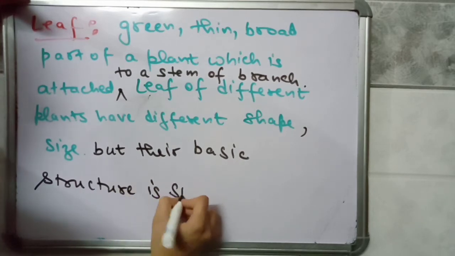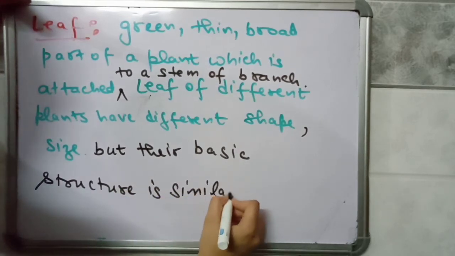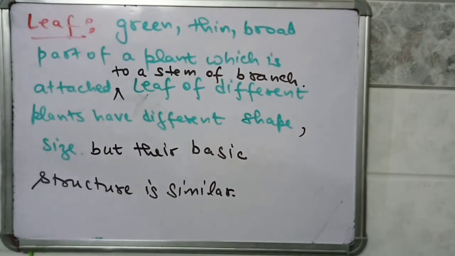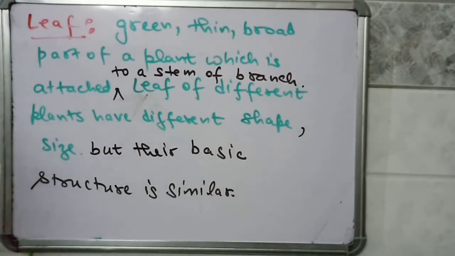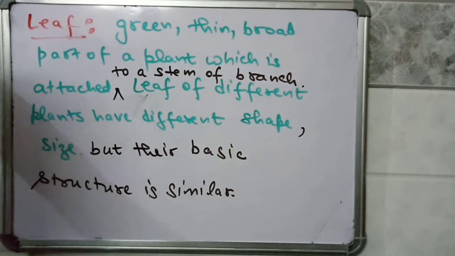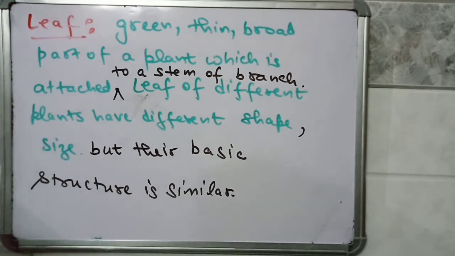Mostly leaves are green, but in some plants they have a color other than green also.